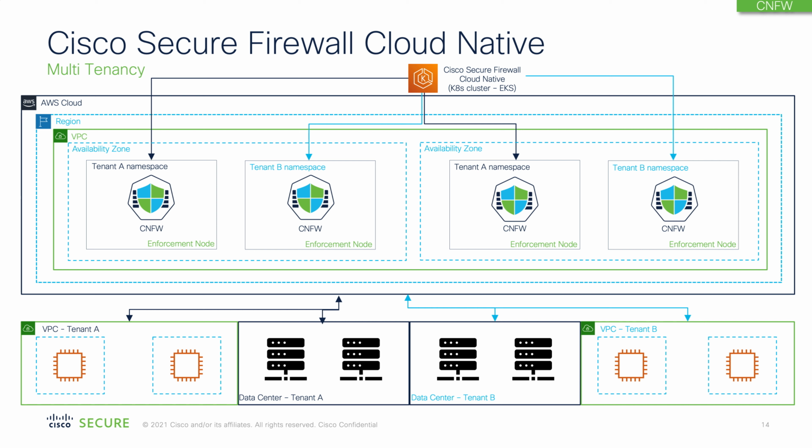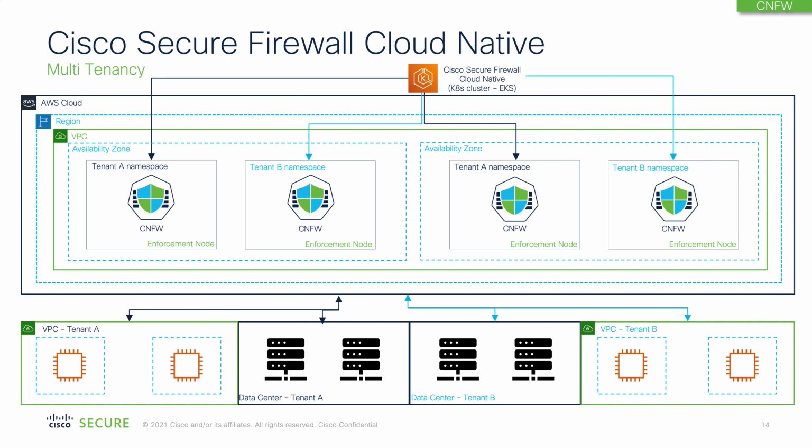So if you have a use case where you want to deploy RAVPN architecture for multiple customers, you can definitely use this architecture, and you can use namespaces to segregate. And there are other things like subnets, security groups, route tables that will segregate your traffic.